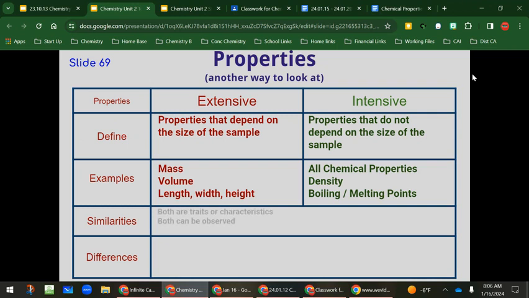All right? So, similarities. Both are traits or characteristics. Both can be observed, whether they're intensive or extensive. You can observe them both.